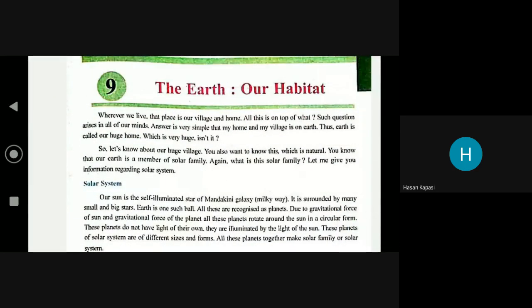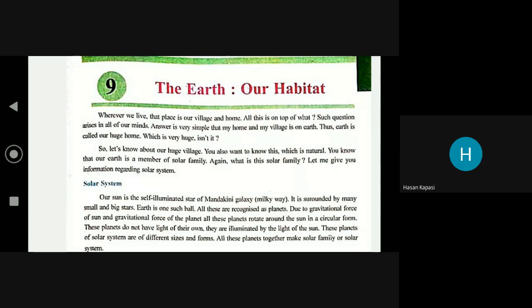Chalo. Read, Hassan. Yes, ma'am. Chapter 9. The Earth, our habitat. Wherever we live, this is our village and home. All this is on the top of what?